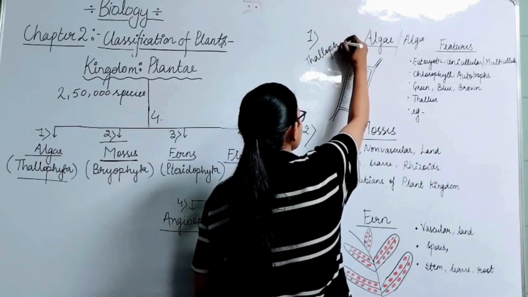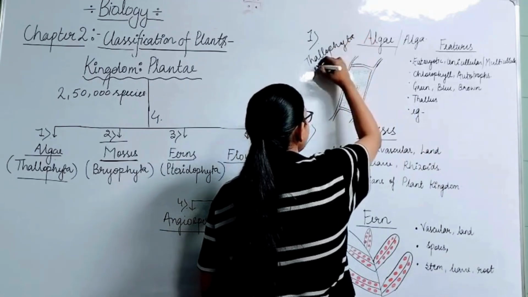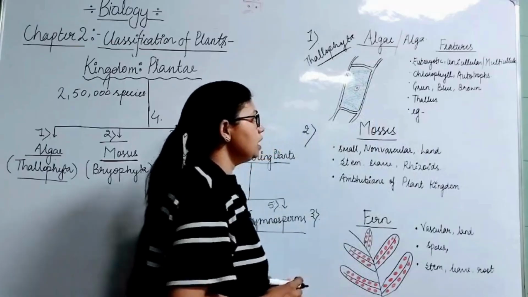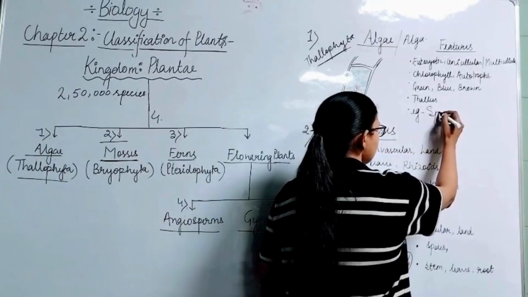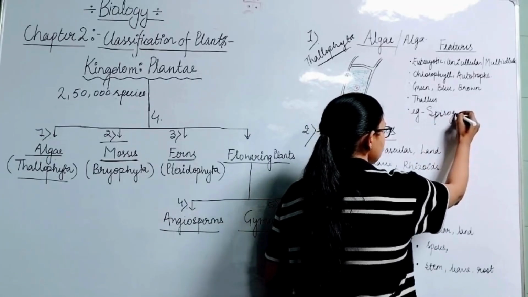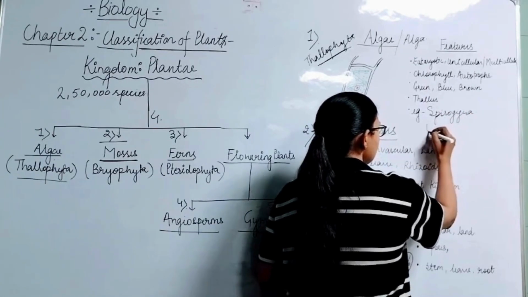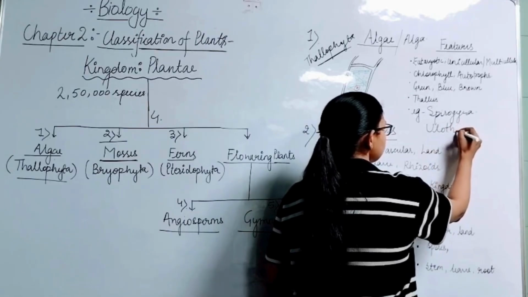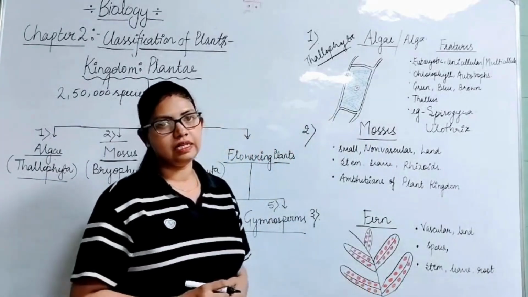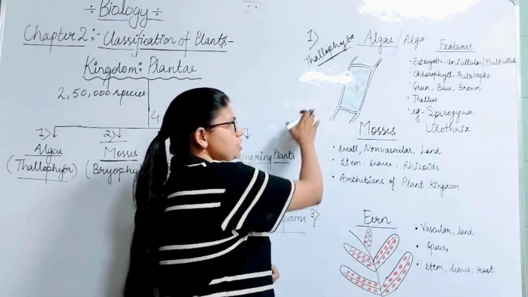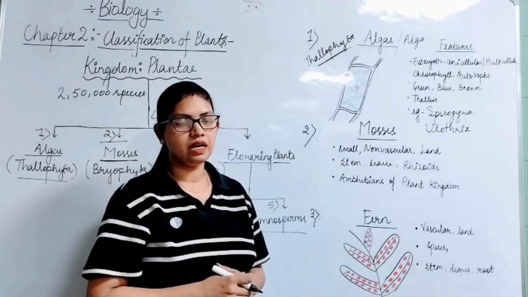That's why these are also known as Thallophyta. Okay. If I talk about the example, Spirogyra and Ulothrix are examples of algae, and here you can see the structure of Spirogyra.